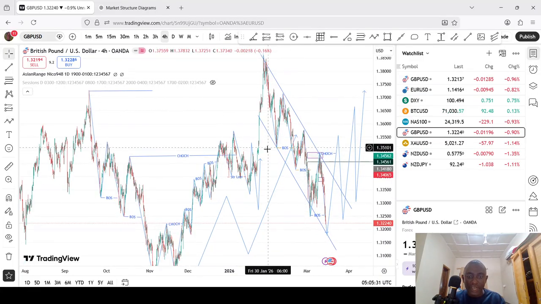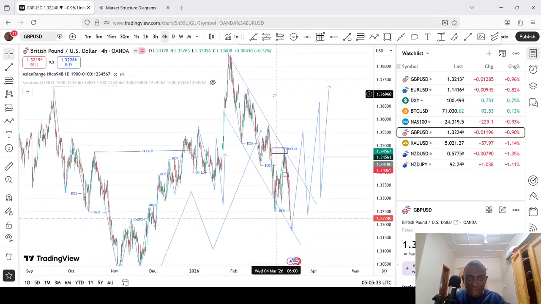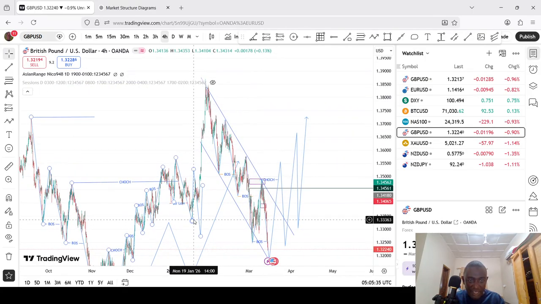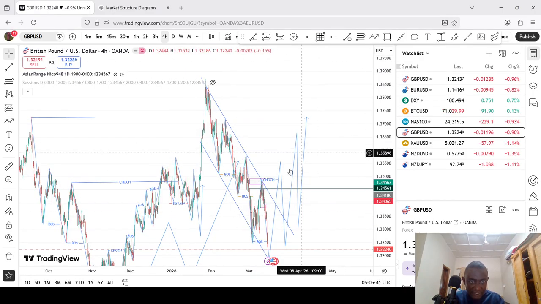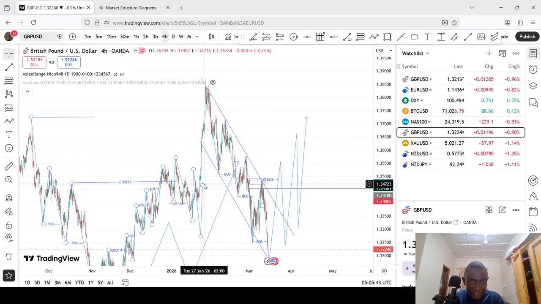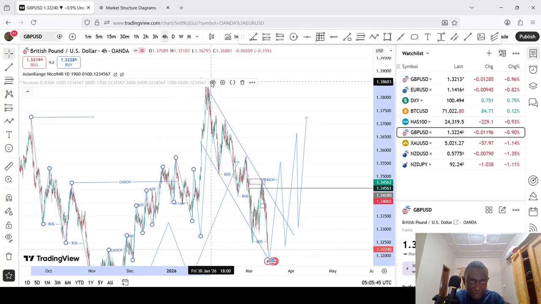So price was going like that until, you see, from here, this was the strongest zone. Like from around this zone, price went up. So if I'm marking, let me do it like this.